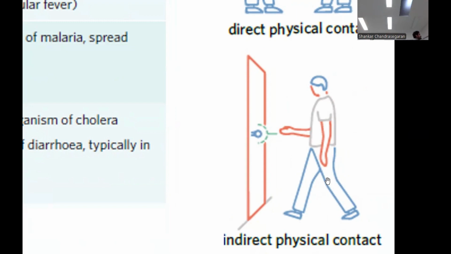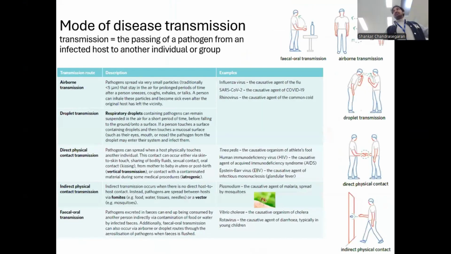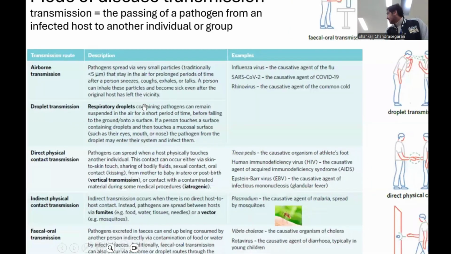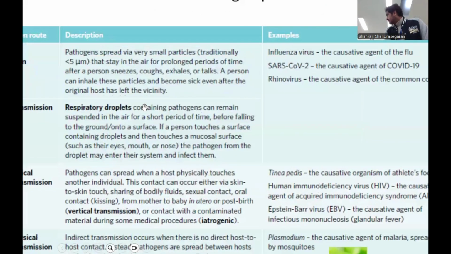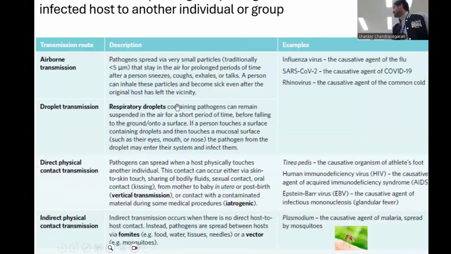For example, if person A who is infected with the pathogen makes contact with the handle of the door and then goes about their day, whenever you touch that handle, that is indirect physical contact, because the pathogen is probably still there on the door handle and can easily be transmitted back to us if we don't practice proper hygiene.